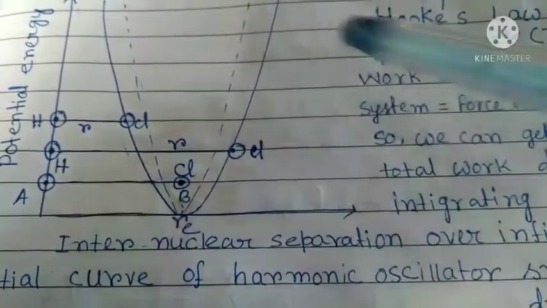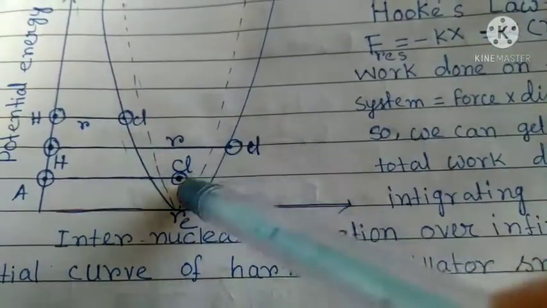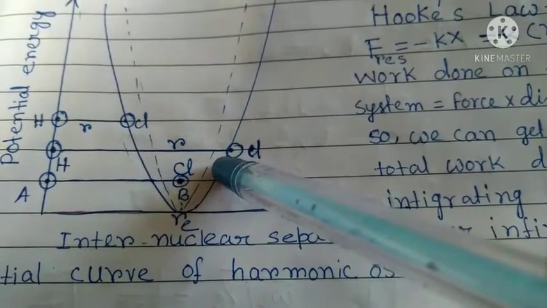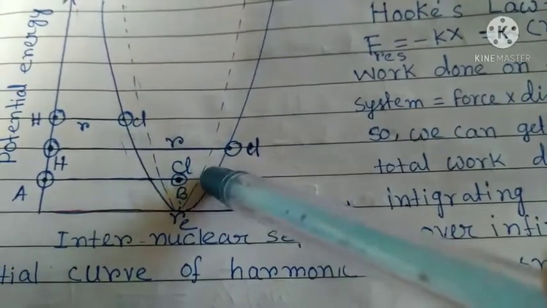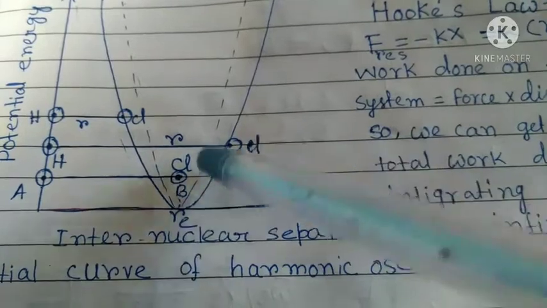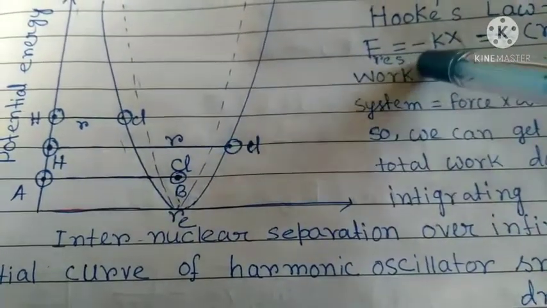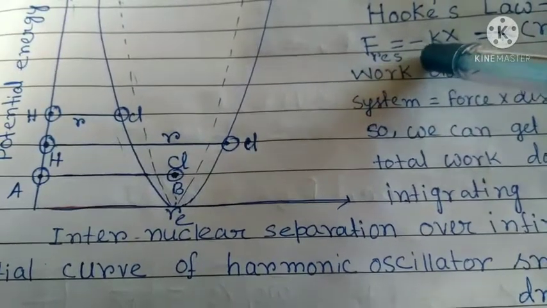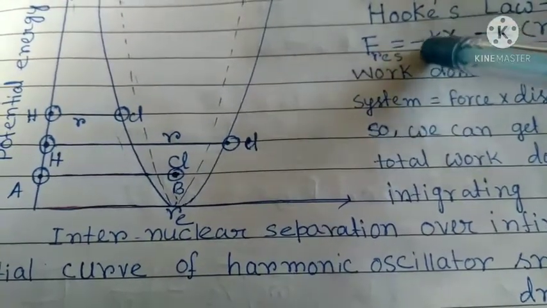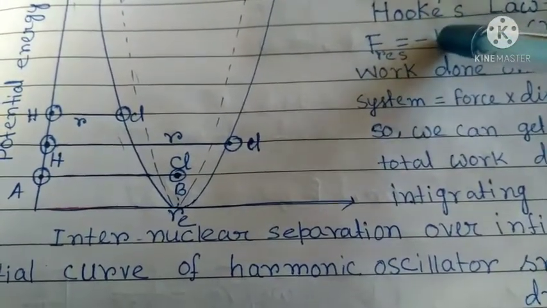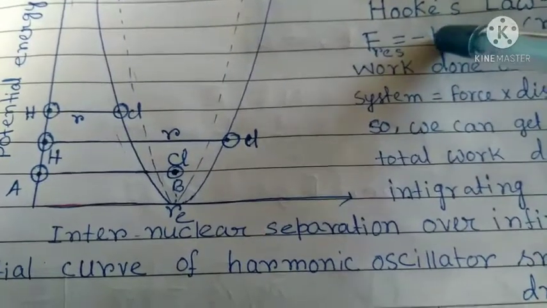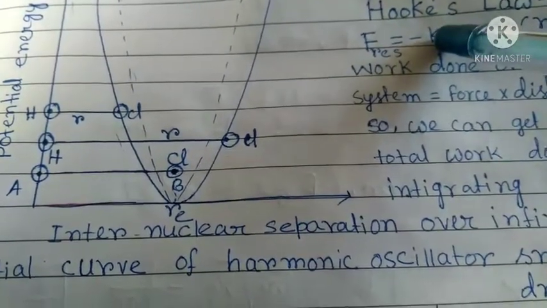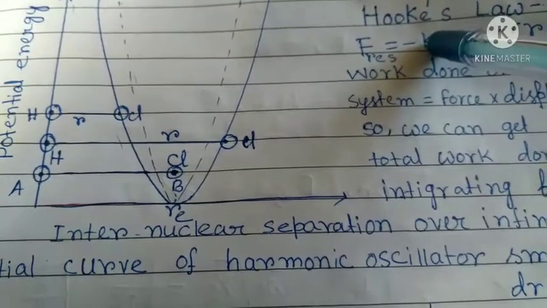Hooke's law means the restoring force, which works against the displacement, is proportional to the displacement, and F restoring is equal to minus K into X, where K is the force constant. It is a proportionality constant and is known as the force constant.